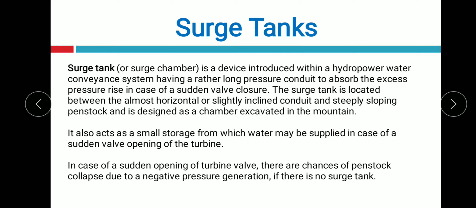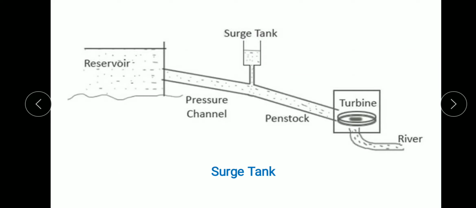In case of a sudden opening of the turbine valve, there are chances of penstock collapse due to negative pressure generation. If there is no surge tank, there will definitely be a negative pressure generation. So to avoid that negative pressure, we are using the surge tank. In the diagram, you can see it is arranged between the reservoir and turbine connected to a penstock.